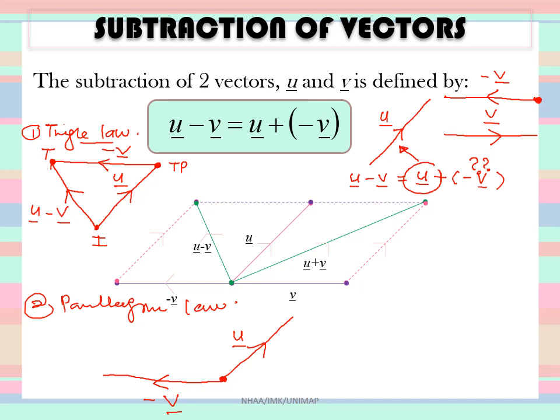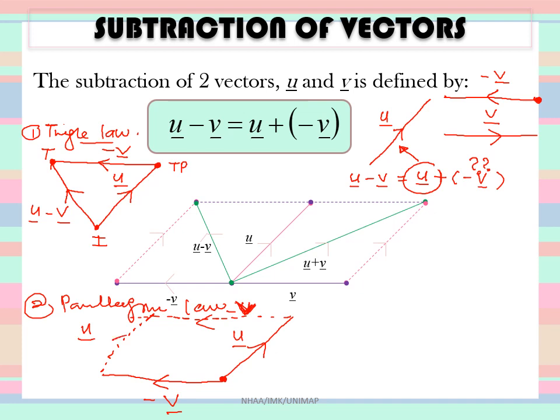Okay, so the parallelogram will form whenever you connect these two. This will remain that way. You follow there because this is negative v and u is there. Okay, this is vector u.